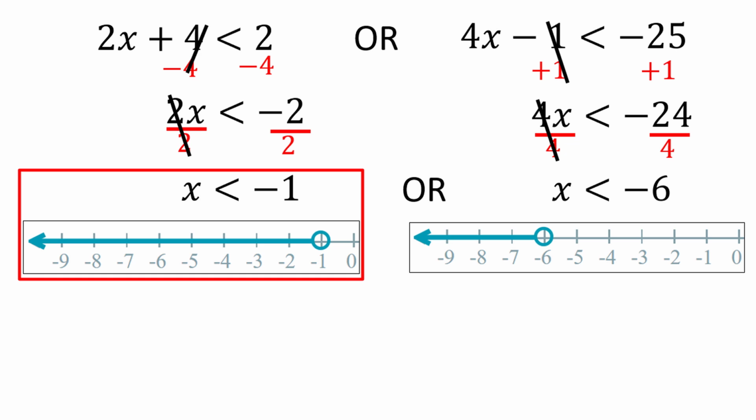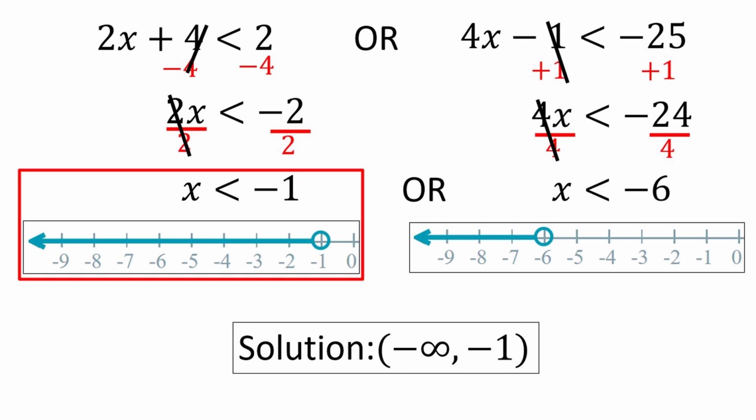X is less than negative 1 is the least restrictive and includes the shaded area in either of the two graphs. Oftentimes you will see the answer represented in interval notation as parentheses, negative infinity, comma, negative 1, close parentheses. This indicates that our solution set starts at negative infinity and can include values up to but not including negative 1, indicated by the parentheses.